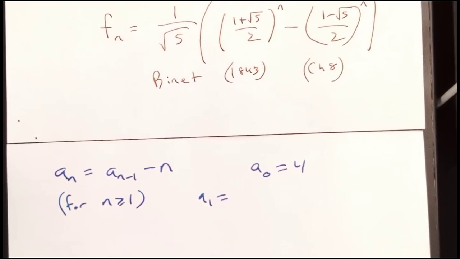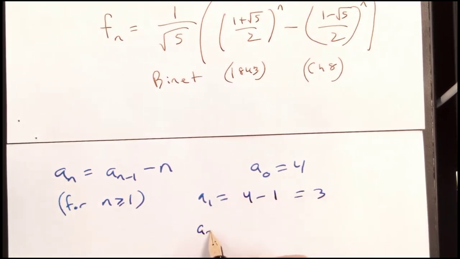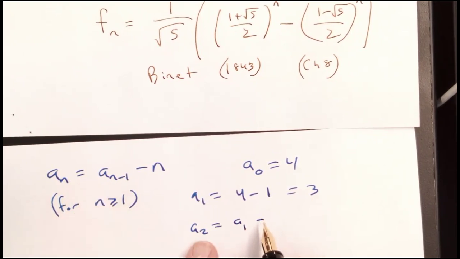A1 is 3. 4 minus 1. What's A2? Previous term minus n. The n doesn't have an a with it. That's okay. I can use n. It's the counter in my loop. I can do this. What's A3?